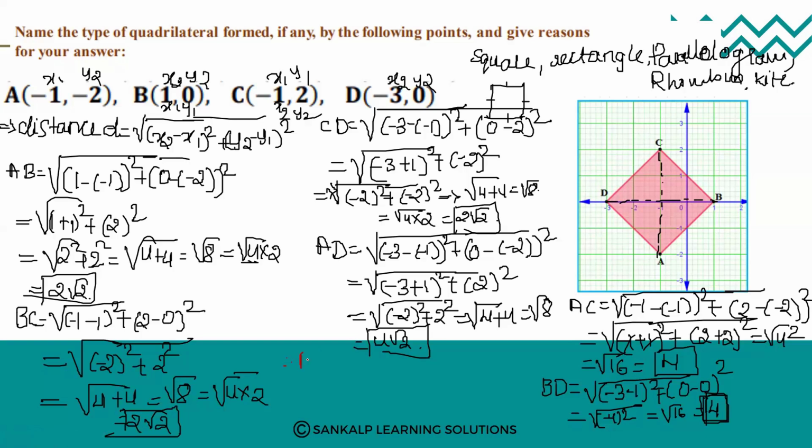Therefore, AB is equal to BC is equal to CD is equal to AD. Okay. And diagonals AC and BD are equal. Therefore, ABCD is a square.